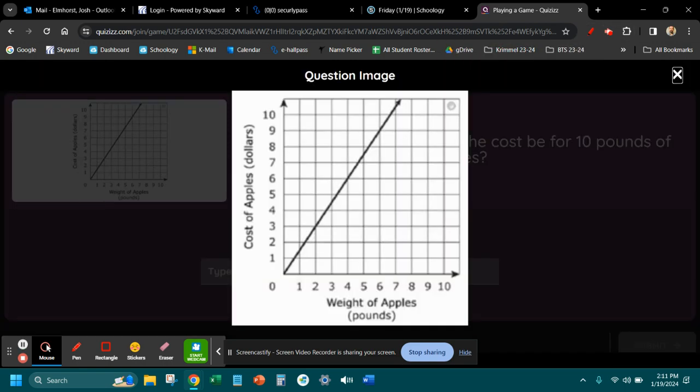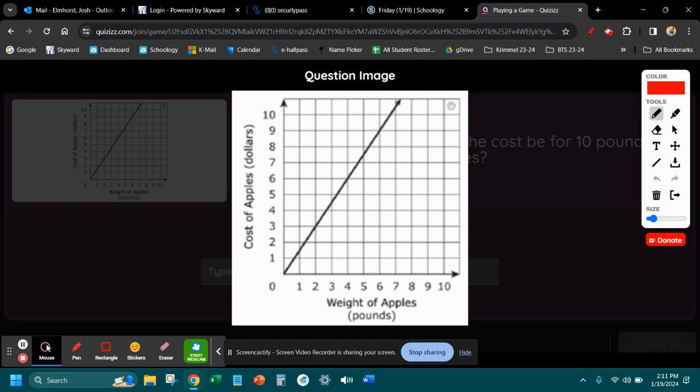Number 8, we are looking at the given ratio being provided in a graph. So 1 pound is about $1.50. 2 pounds is $3. 4 pounds is $6. And 6 pounds is $9.